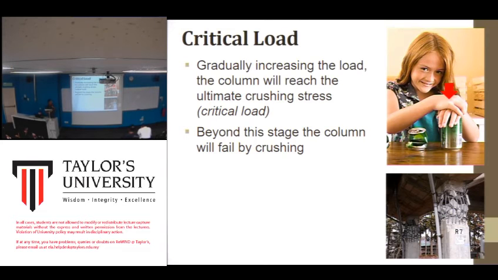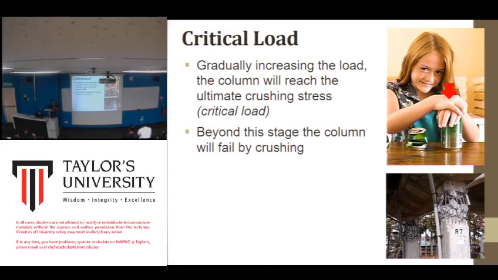But if you take, for example, timber, or a simple example would be a ruler. You try to compress the ruler. If the load is still bearable by the structure, it would just bend a bit. But if you push more and more, it would reach the point where the ruler would break.